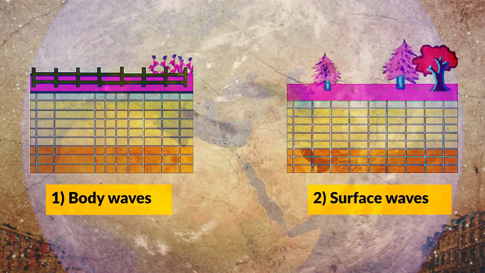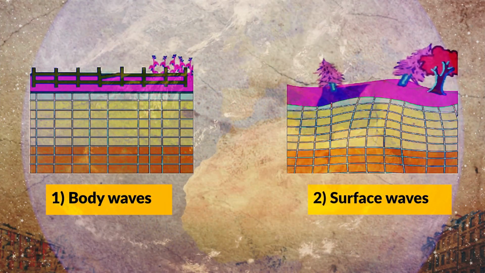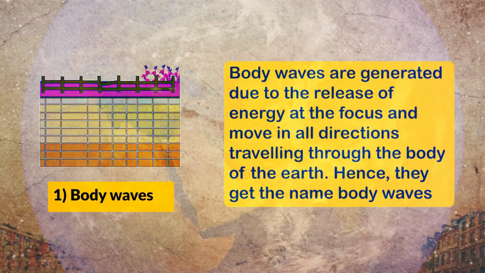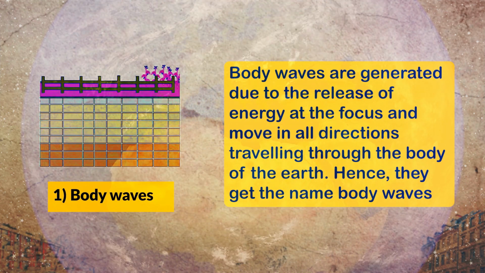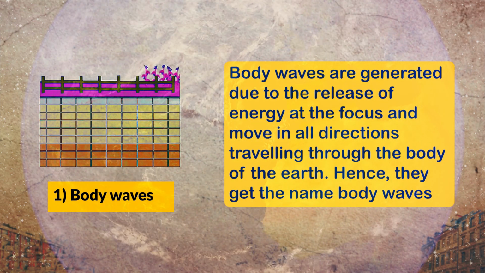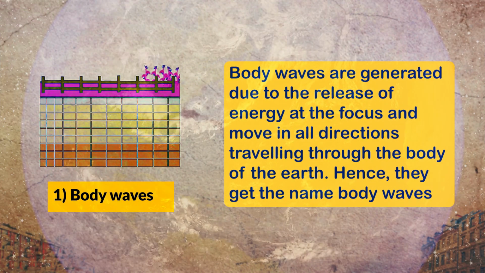We will try to understand the characteristics of these 2 waves one by one. At first, we will try to know about body waves. Body waves are generated due to the release of energy at the focus and move in all directions traveling through the body of the earth. Hence, they get the name body waves.